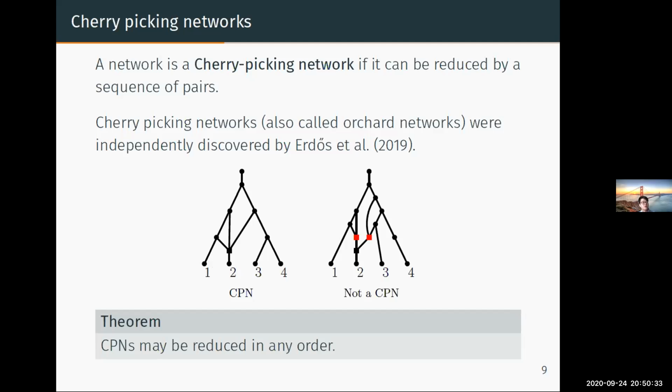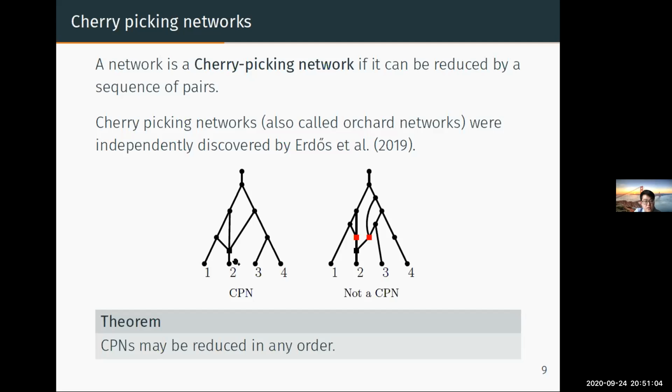And essentially what this leads to is that because you can pick in any order, and because when you pick a cherry or a reticulated cherry, the new cherries and reticulated cherries that arise in the network that you obtain can only contain, okay, let's just give an example here.